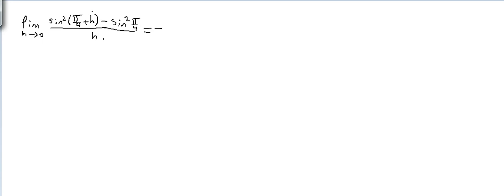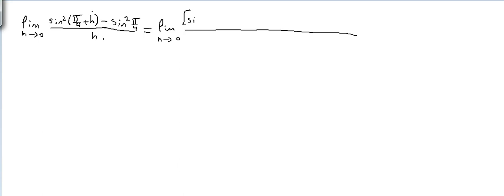change this form. Okay, so its limit as h tends to 0 of, it looks like a square minus b square, right? So let's do it like that.